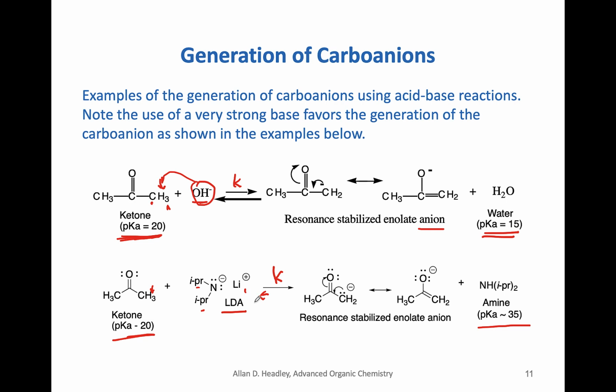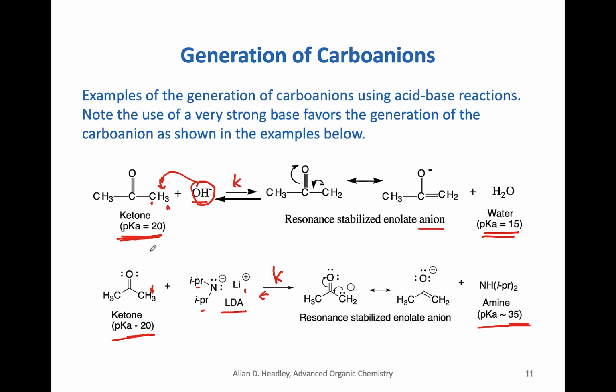Again, the equilibrium will lie in the direction of the weaker conjugate acid. Here's the acid, 35, to the right. Here's the acid, pKa 20, equilibrium to the left.